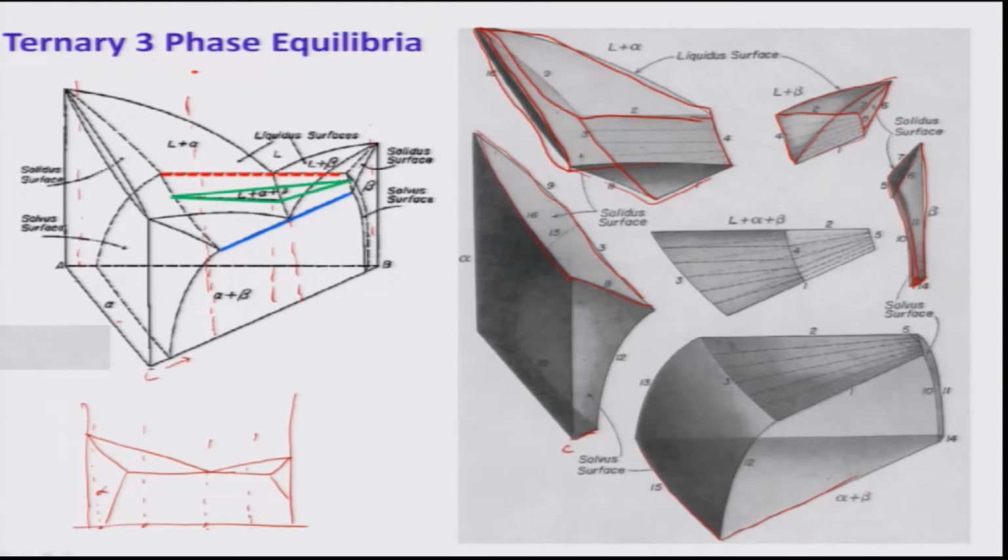Here again the liquid will hit the alloy composition, will hit this liquidus surface, and then one can draw this is a liquidus and this is a solidus. You can see here this is the tie line, and slowly as the temperature goes down, this is what will happen, correct. Finally, as the temperature reaches here, the solidification will be over, correct.